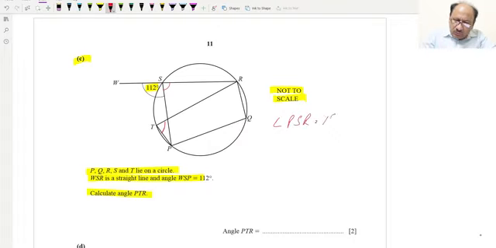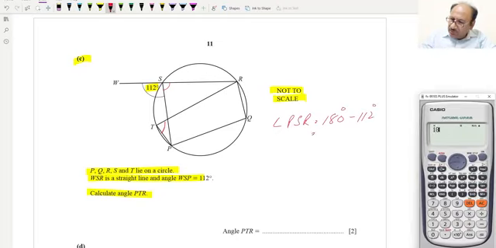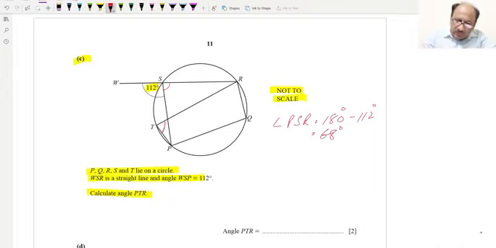PSR will be equal to 180 minus 112, which will be equal to 68 degrees.